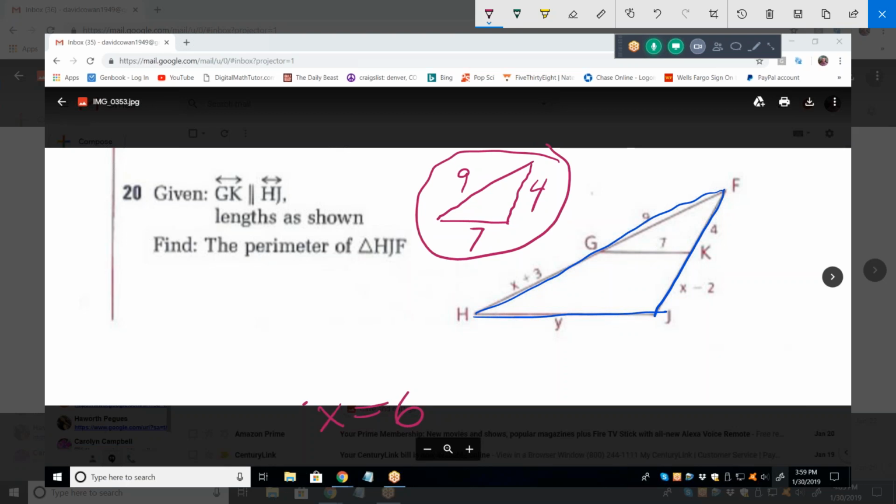So if I say 9, what's the length of that blue side? It's x plus 12. Has to equal what?